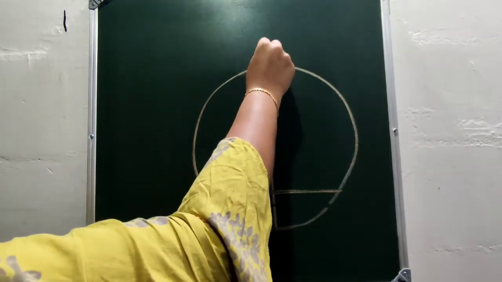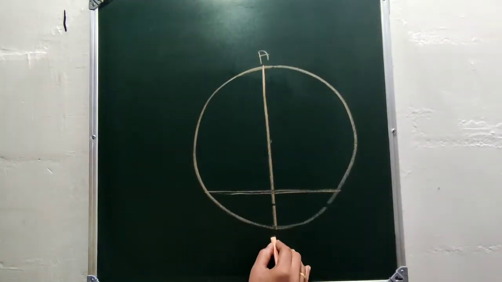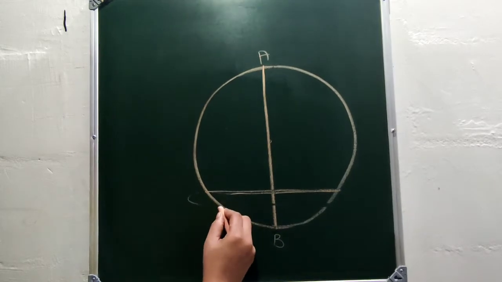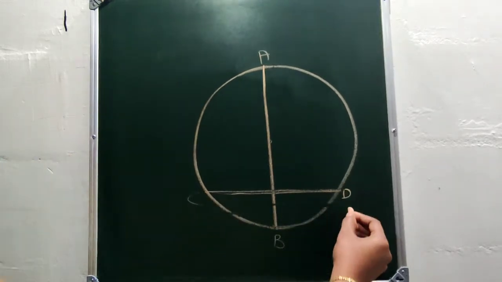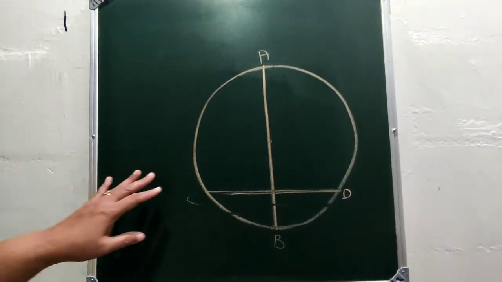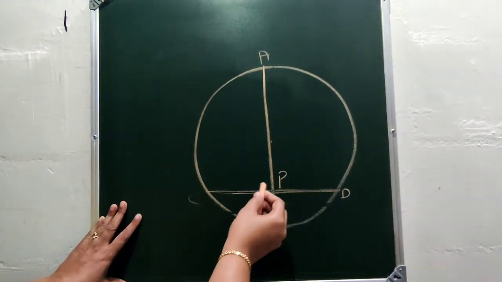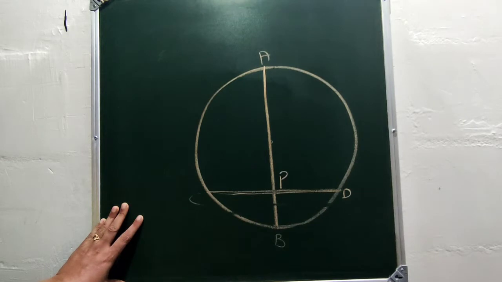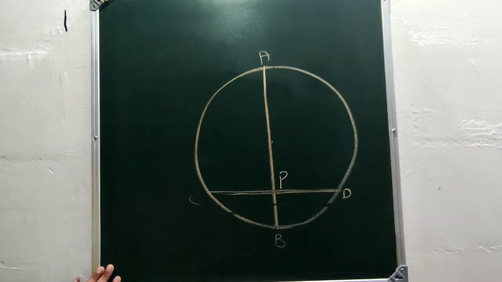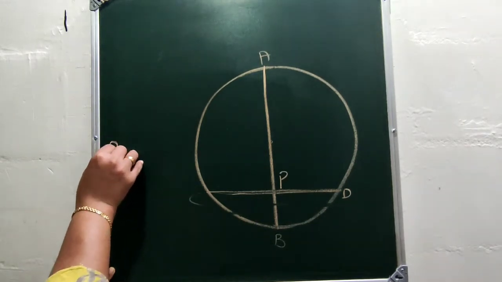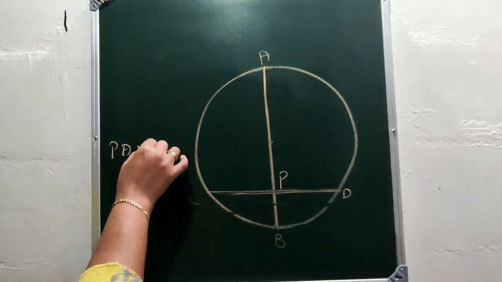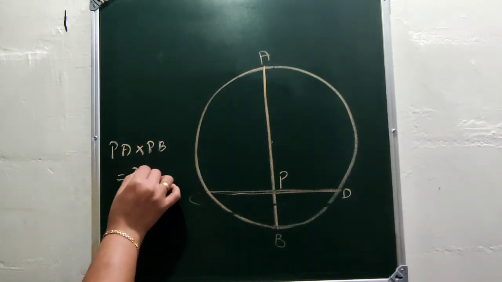What is the result? This is AB and this is CD. AB and CD intersect at the point P inside the circle. Then the product of the parts are equal. We know that. Using that we have PA into PB is equal to PC square.